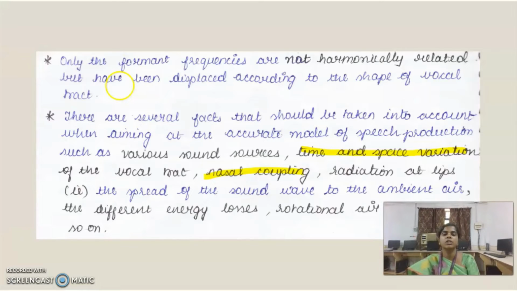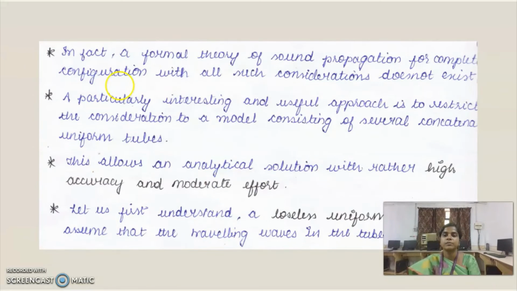These are some of the shortcomings practically seen, and a few of the reasons why a uniform tube model is not an accurate model to emulate the human speech production system or vocal tract system. So we consider the lossless uniform tube just to have an overall abstract view of the speech production system.